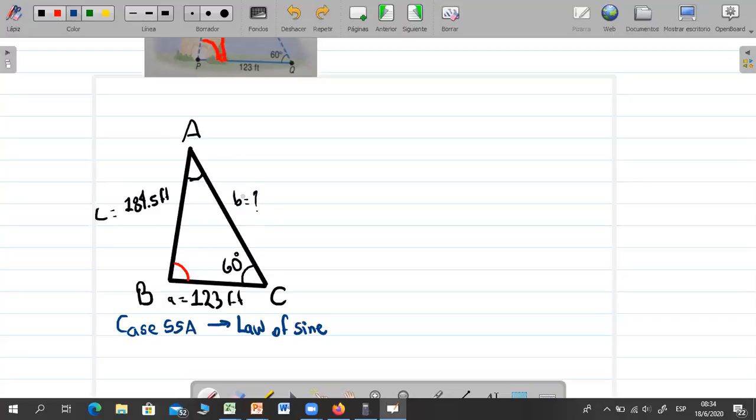So what we should do in order to conclude that? What's the only thing we can get right now? I think that angle A. It's just angle A. You're right.